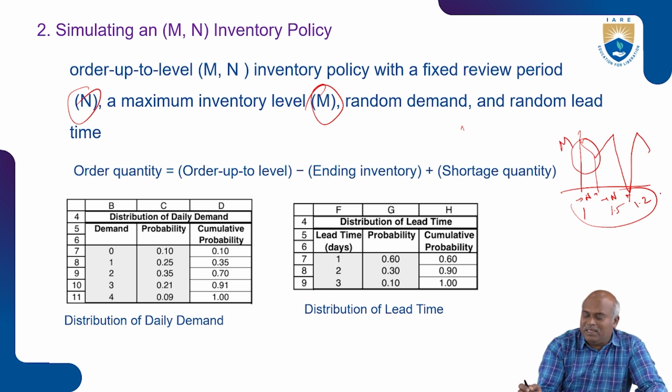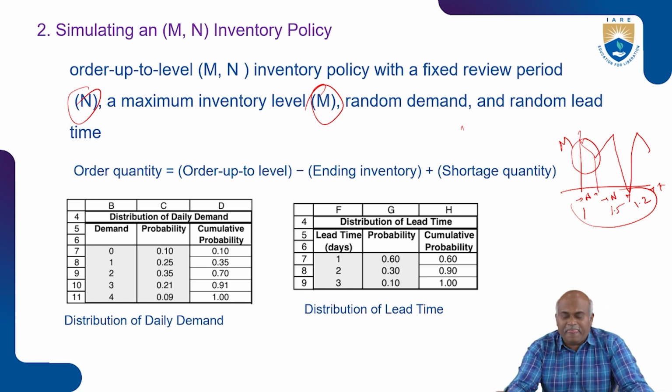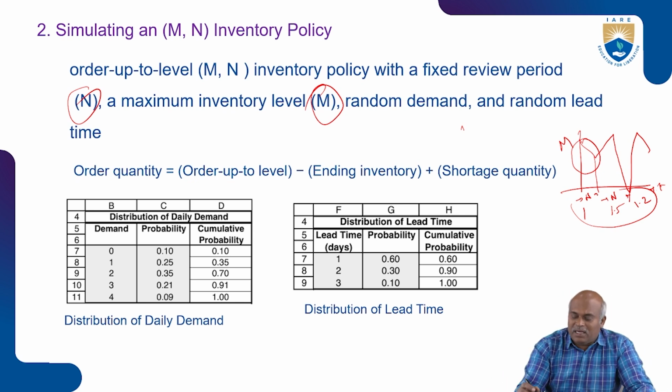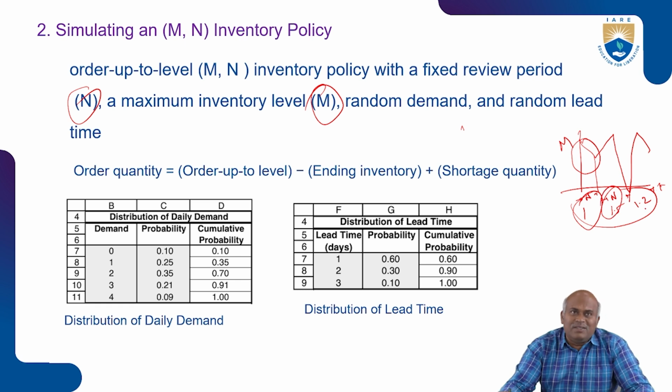This is N, this is the lead time. N is represented as the fixed review period, the duration between reviews. Then, for this simulation inventory policy, we have the order quantity. If the order quantity is not there, there is no use for the inventory measurement. The order quantity is equal to the order-up-to level.